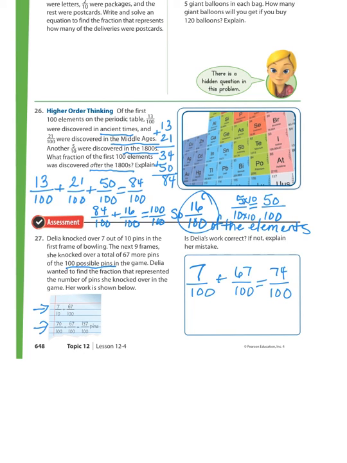So each frame, the 9 frames she bowled, she knocked down 67 pins out of 100 total. So when we added these fractions, it should have been 7 out of 100 plus 67 out of 100. So Delilah's equation should have been what you see. I can't forget my unit.